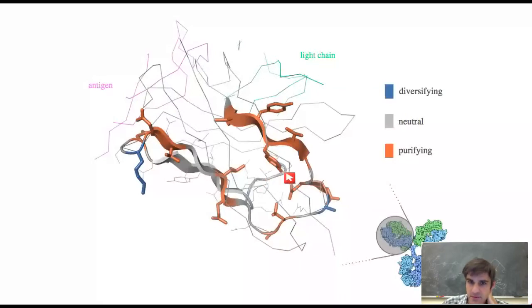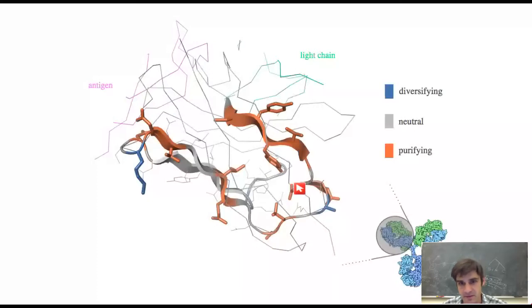It makes sense that this residue would be under really strong purifying selection because it sits in the middle of the heavy chain. In order for the antibody to maintain its integrity, to be a folded protein, it needs to have this ring not change, because that ring probably makes connections with lots of other things buried inside this heavy chain.